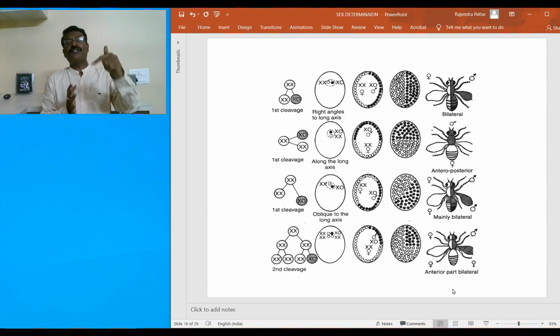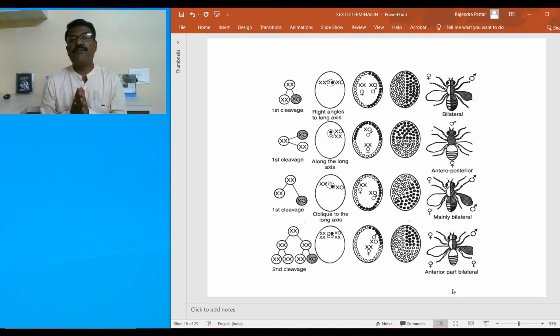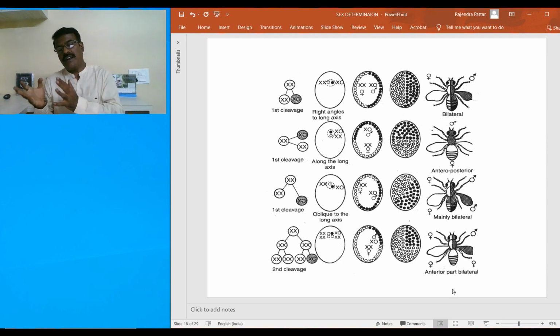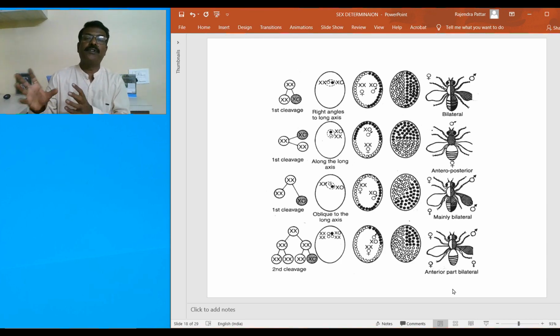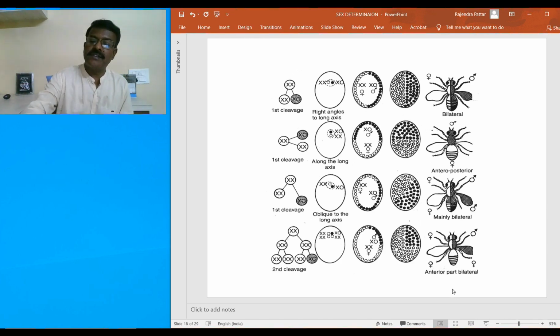By undergoing the first cleavage or second cleavage, there might be the loss of one X chromosome, so that there is formation of two kinds of cells, whereas one set of cells, due to continuous cleavage, has XX chromosomes as femaleness, and another set of cells has only one X chromosome with loss of one X chromosome, obviously that forms the maleness. Hence this is all about the gynandromorphic individuals, and once again we refer to Drosophila as an example for it.